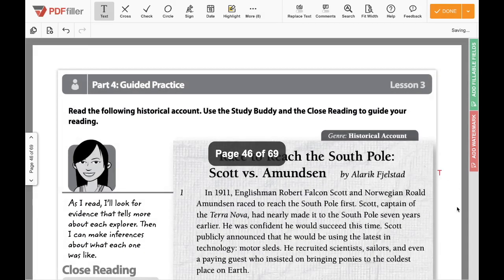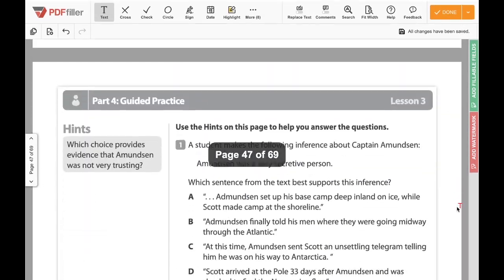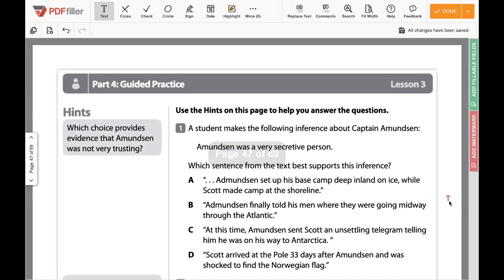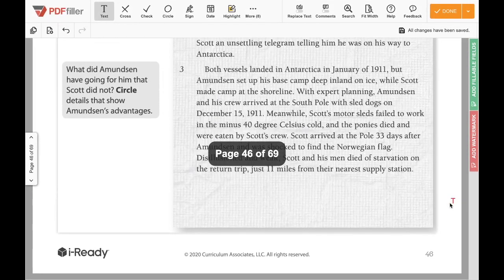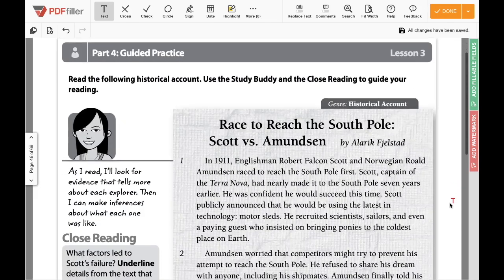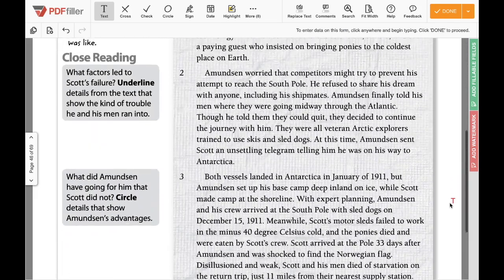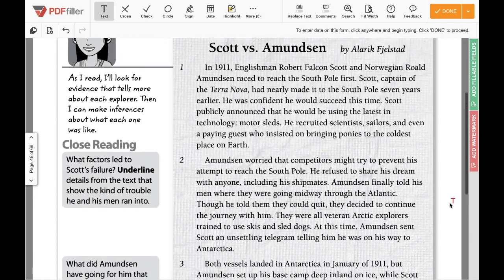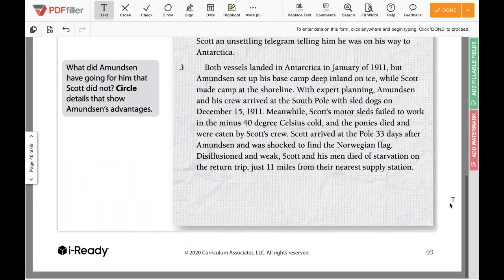So if we move on to 46, I want you guys to go ahead, even though this says guided practice, I think we've done enough guided practice together on these making inferences and all this kind of thing.